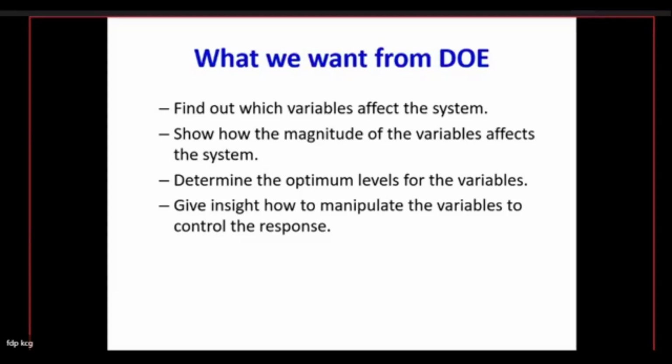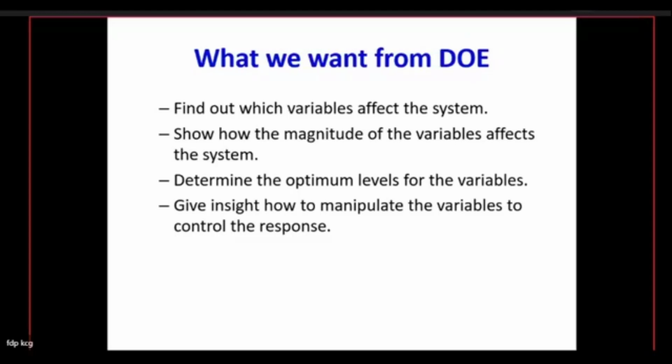So how any variable is affecting the system, that is also another aspect of the design of experiment. And by doing this, we determine the optimum level for the variables, not of one variable, but of the variables.